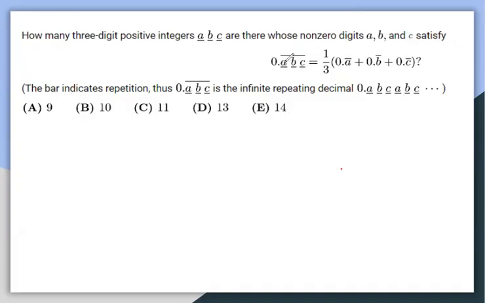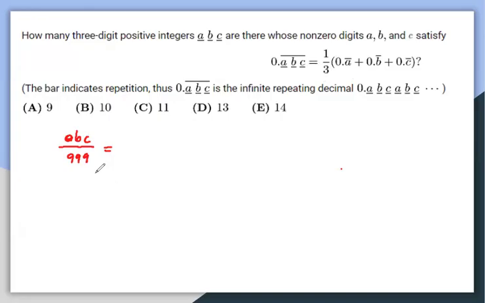When you have three digits repeating, this is equal to that three-digit number ABC divided by 999. The reasoning is you write the number 0.ABCABCABC, multiply by 1,000 so you can align those repeating parts, and then subtract.